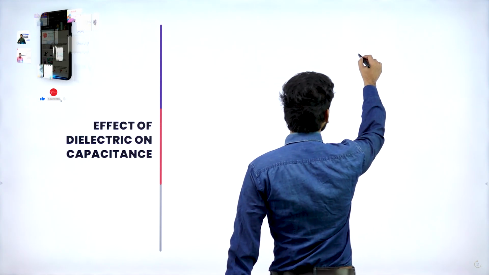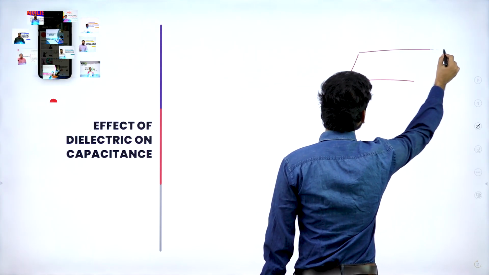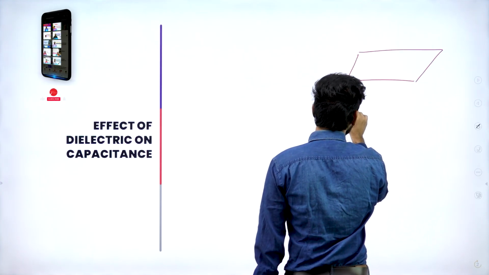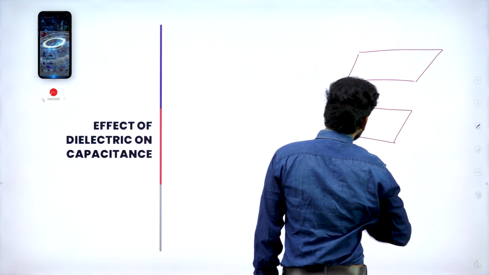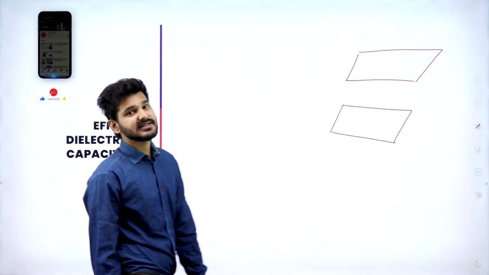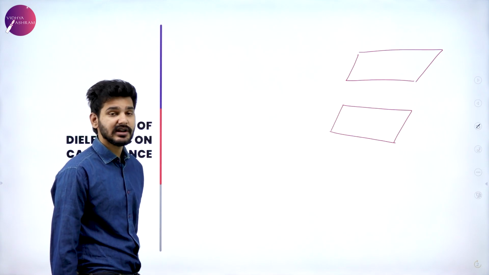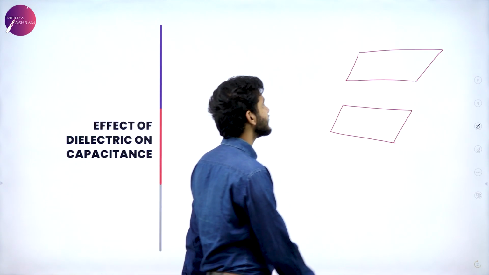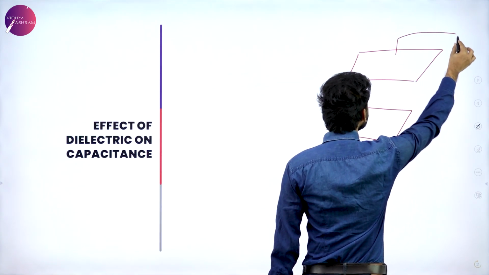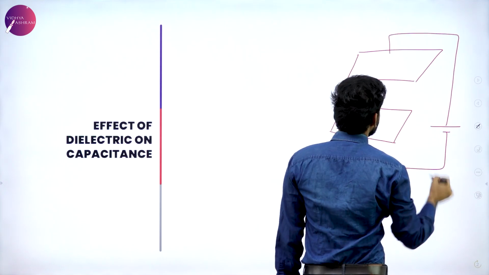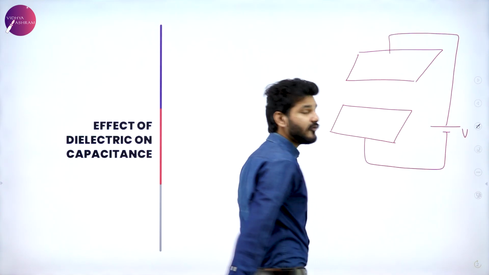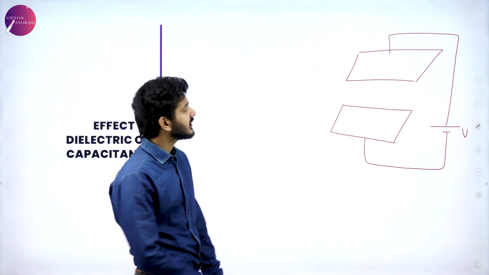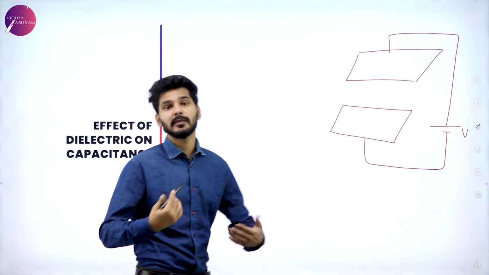So we were dealing with capacitors, especially parallel plate capacitors. Now, what happens if I charge this particular capacitor? If I connect this particular capacitor to a battery of V volts, then this parallel plate capacitor will be charged.